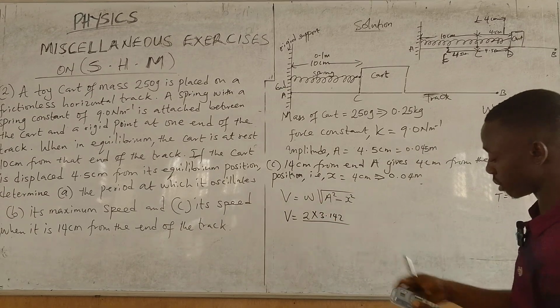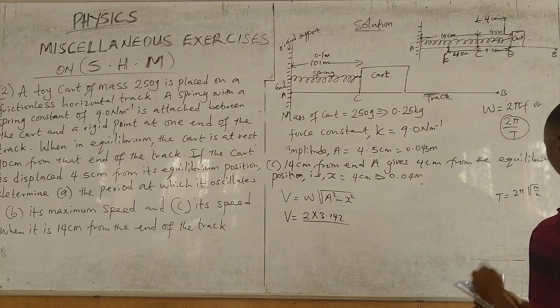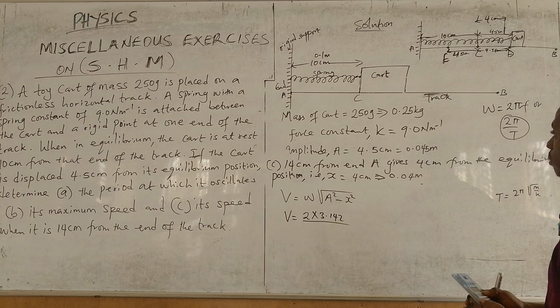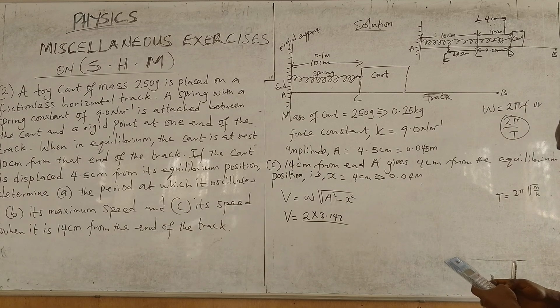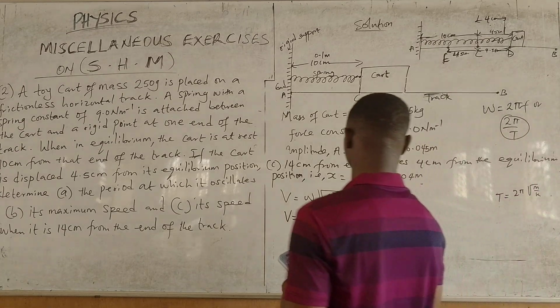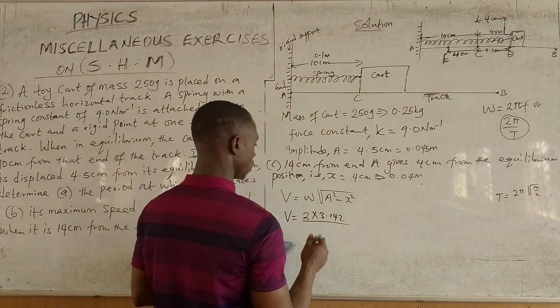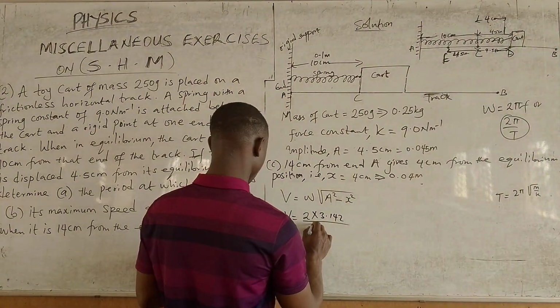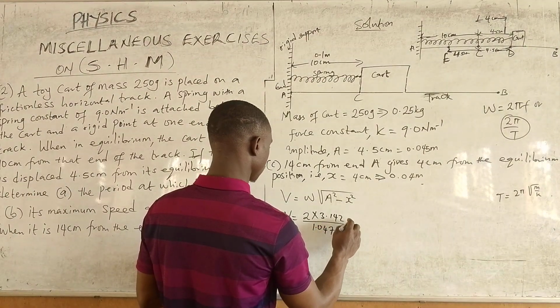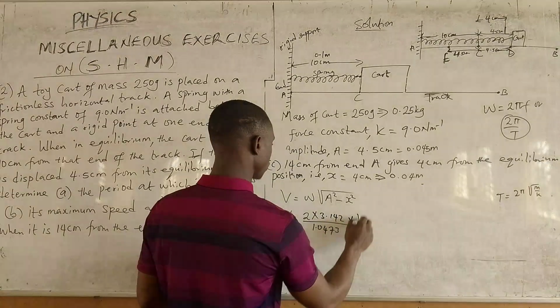I'm supposed to substitute directly, but I've cleaned. My mass 0.25, k 9, square root, times 6.284, that's 1.0473, and times the root.